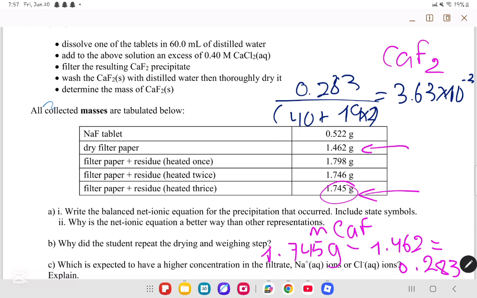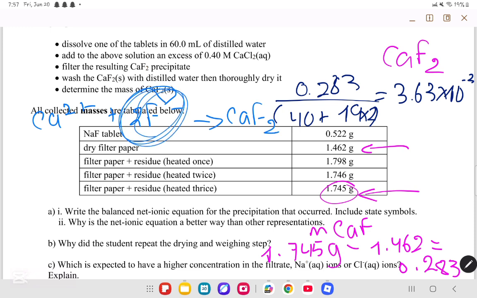But if you remember from the balanced equation, it was Ca2+ and 2F- giving us CaF2. Very important. How many F- do you have? You have 2 F-. So very simply, the number of moles of F- is equal to 2 times the number of moles of CaF2. So very simply, the number of moles of F- is 2 times 3.63 times 10 to the power of minus 3.